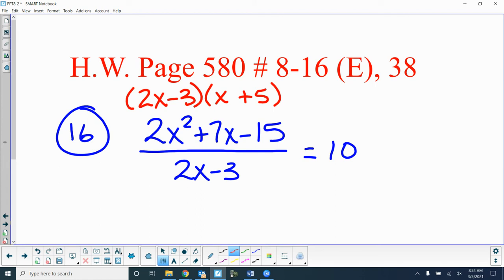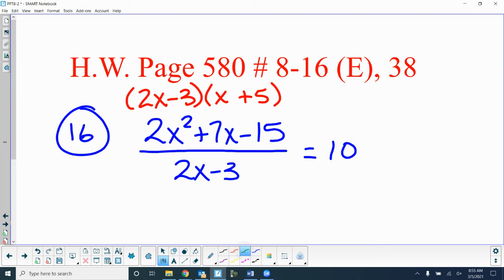Okay? So, to save yourself some time on this type of problem, this is always going to be one of the factors of the numerator. Did you see how I got those two?